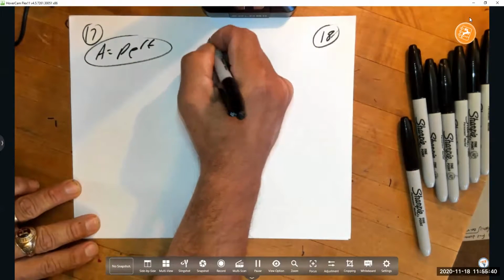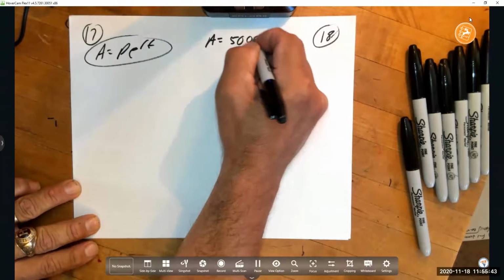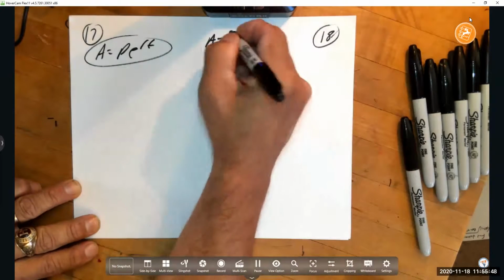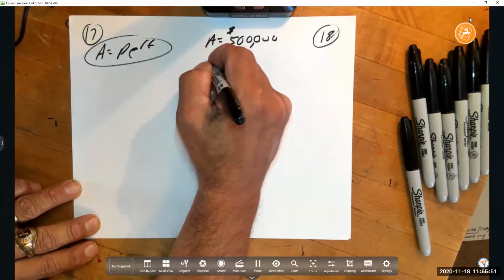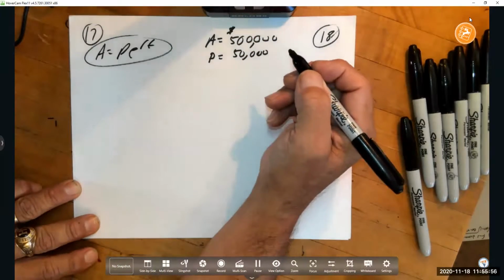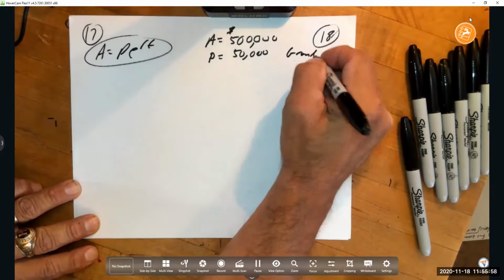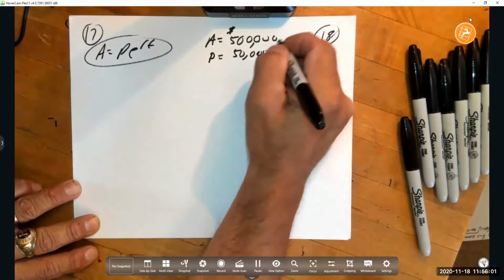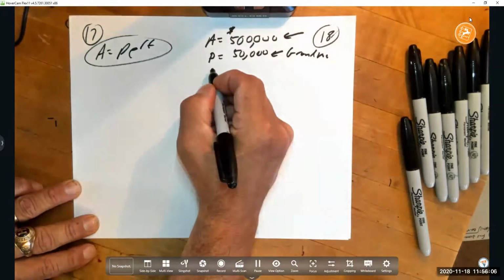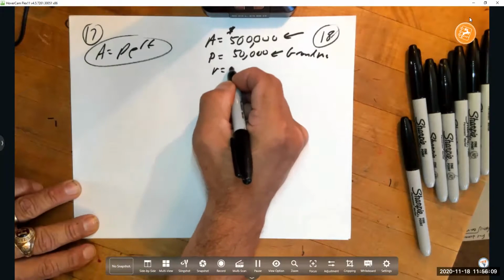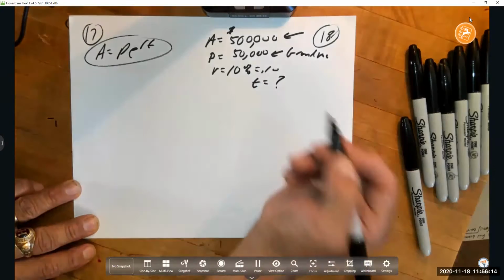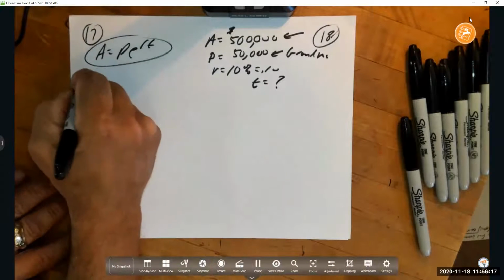And they give you numbers that say A is 500,000 and P is 50,000. Okay, I don't know, grandma's house or something. $50,000 house, eventually worth a lot of money. So now put the numbers in here, and then we have r, which is 10% or 0.10, and then t, we don't know.